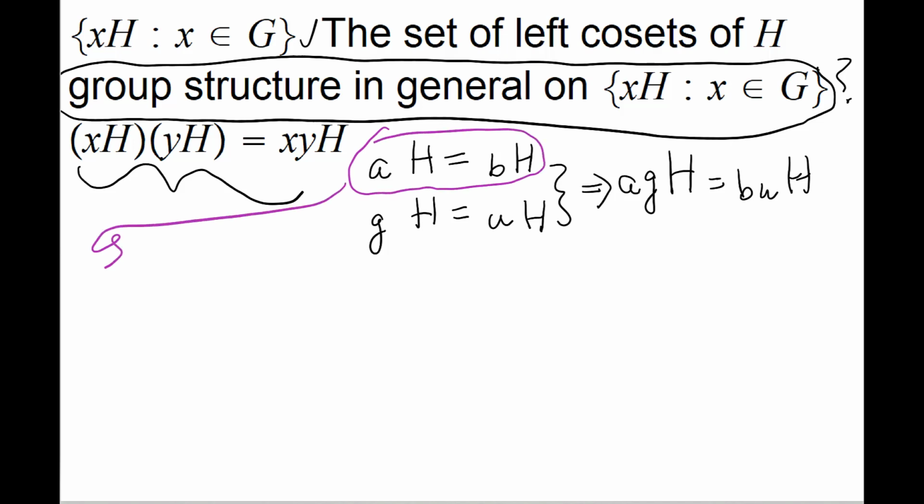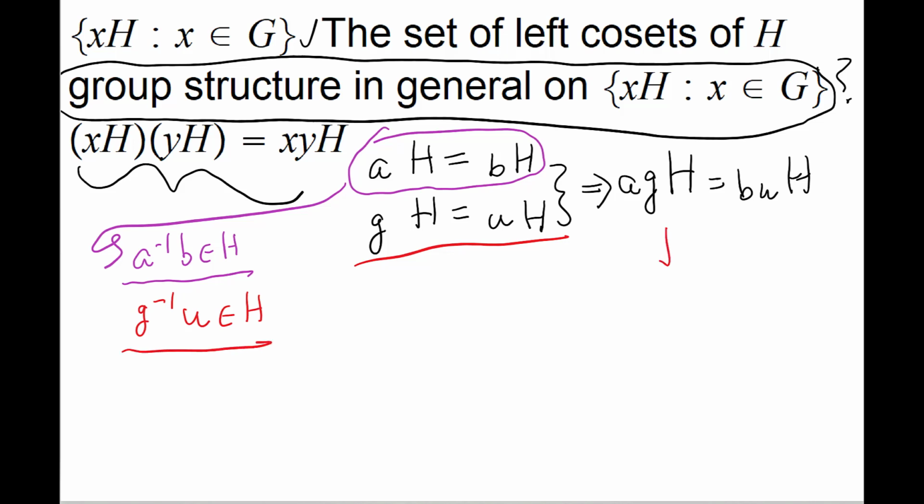So remember this, that if you look at this condition, this means that a inverse b is in H. Remember, that was actually the very relation that had created these left cosets as equivalence classes, right? And this will mean that g inverse u belongs to H. So we have these two things given, and let's color code this one differently.